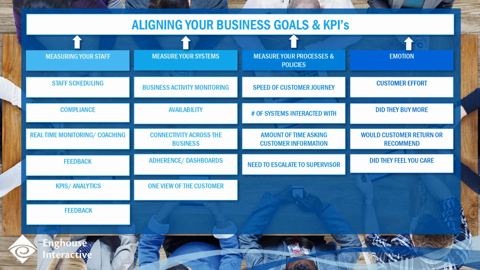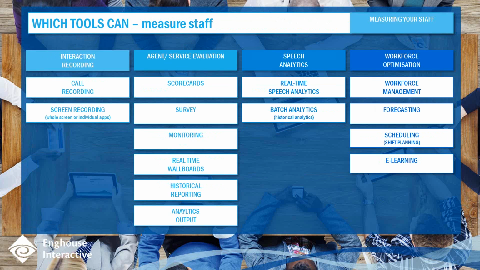Are their systems providing the staff and the customers with the right outcomes? They're looking at their process and policy. So again, a bit like the Amazon example, is the process slick and efficient? And is the emotional side working? Do people feel that we care about them? Do they feel that we know them? Are we asking them their name and address when we should really already know that? So those are some of the KPIs that we see in place.